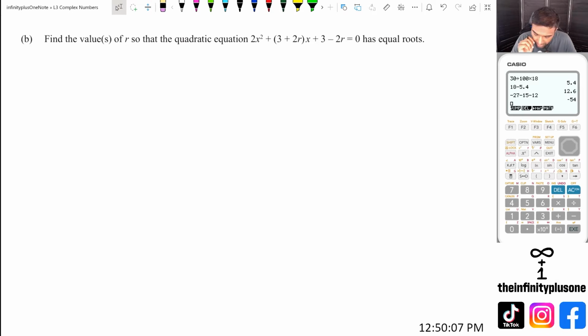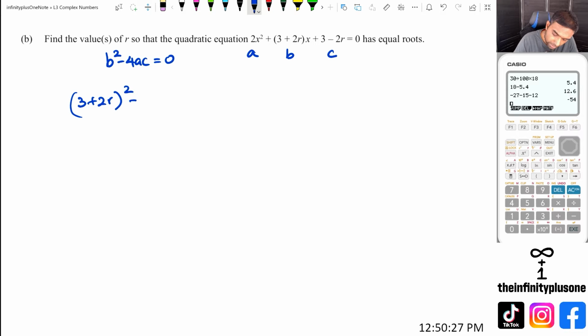What do we got? We got find the values of r so that the quadratic equation has equal roots. Equal roots basically means that the discriminant is equal to 0. So for us, we've got our a, b, and c. So if we look at it, we've got 3 plus 2r squared minus 4 times 2 times c, which happens to be 3 minus 2r, and all of this is equal to 0.